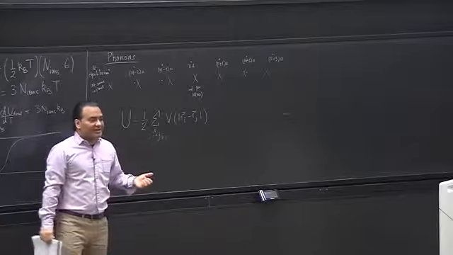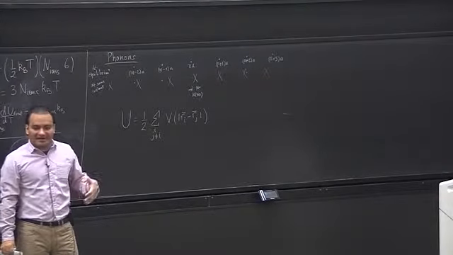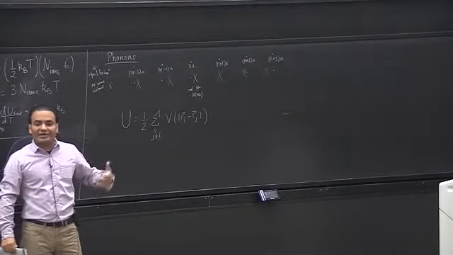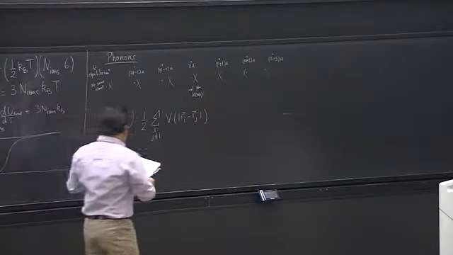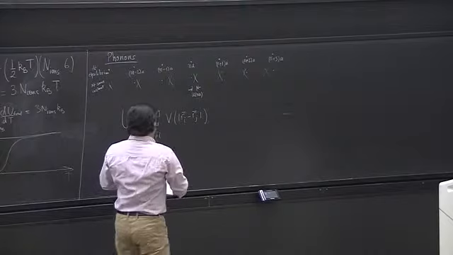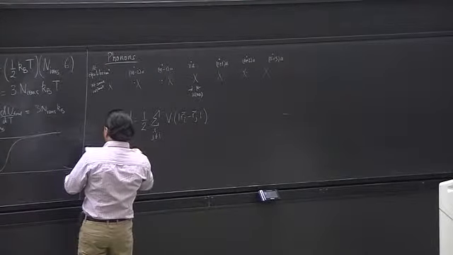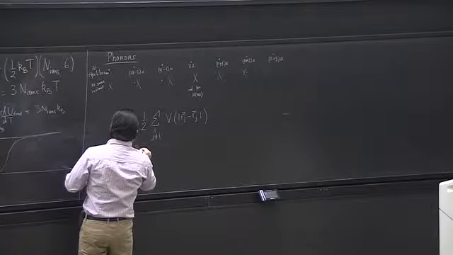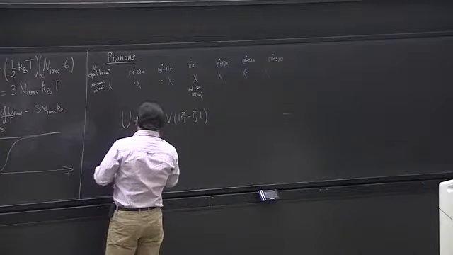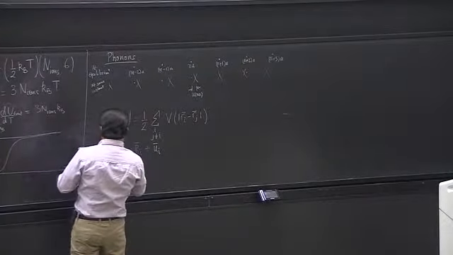We discussed in the first week that this interaction potential is minimized if the ions arrange themselves in a lattice. So next we are going to write down the coordinate of the ith ion as its position at equilibrium plus some displacement.